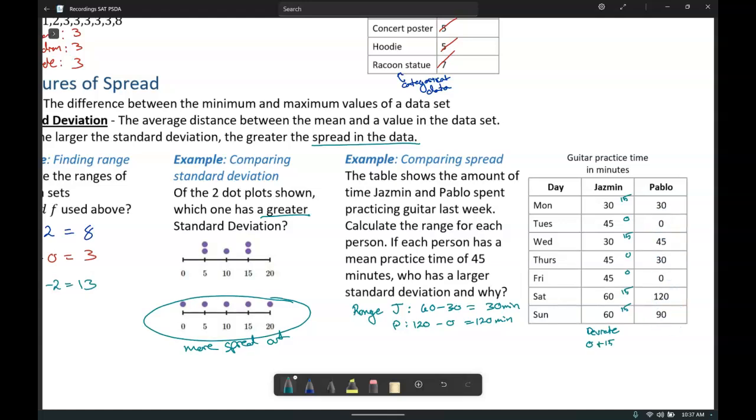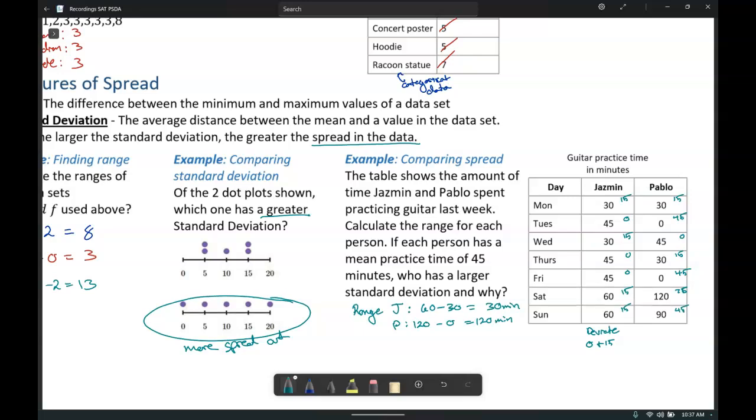When we look at Pablo's times, well, 30 is 15 minutes from the mean of 45, but 0 is 45 minutes away. If you practice for an hour and a half, that is 45 minutes of deviation. And then, if you practice for 2 hours, that's 75 minutes deviation.